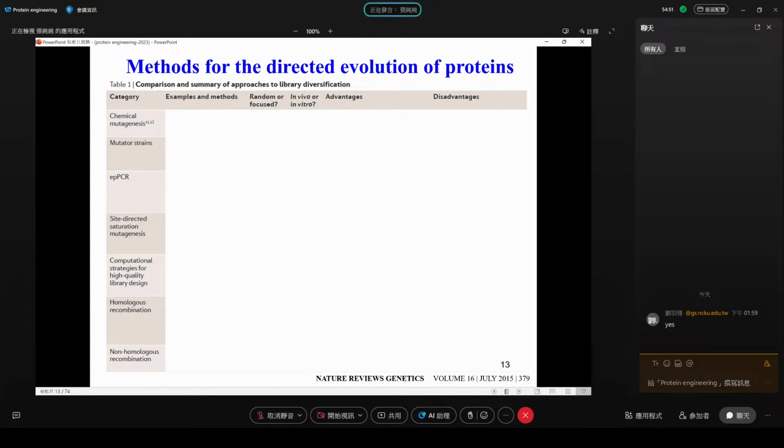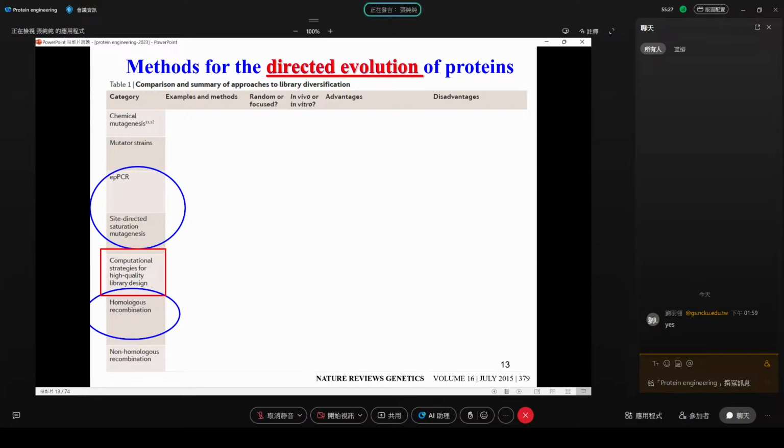We can do chemical mutagenesis by feeding them EMS or any kind of chemical to generate new mutations. But today I'm going to share with everyone error-prone PCR, site-directed mutagenesis, and homologous recombination. These three methods are very popular in the lab or in the market to generate new mutants. So I believe it will be very useful for everyone after you finish today's lecture.